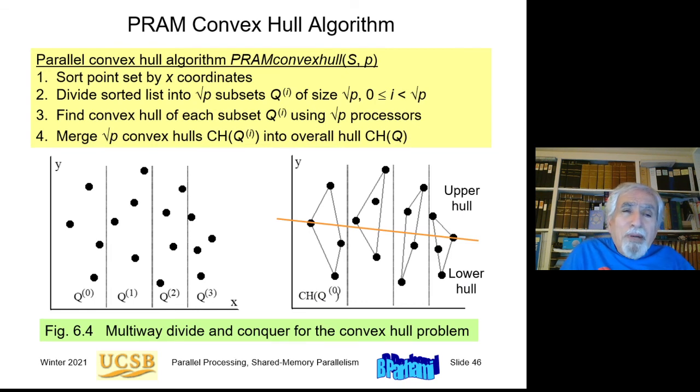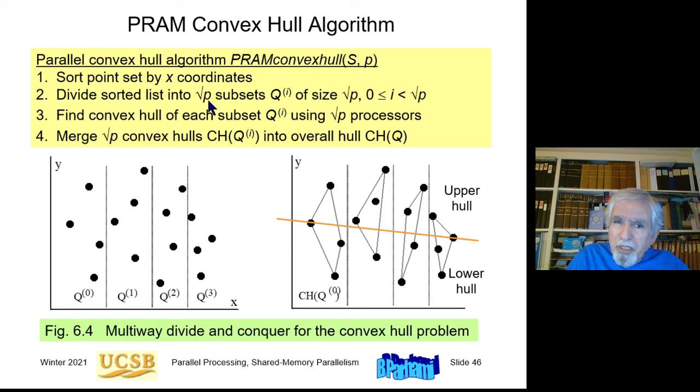So here is a PRAM convex hull algorithm described in very high-level terms. Given the points, sort them by their x coordinate. We already know how to sort things. So sort all these points by the x coordinates, and then divide the resulting sorted list into square root of p subsets.